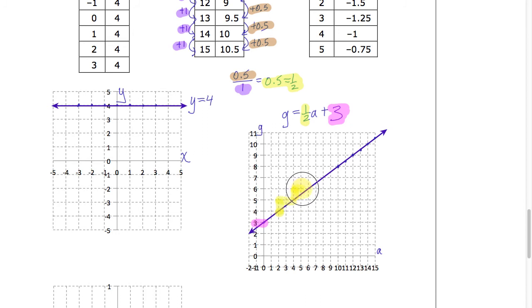Again, I go up 1 and right 2, up 1 and right 2, and that pattern can continue on, creating these little steps or slope triangles, which indicates how steep this line is. And they're really handy for finding other points on the graph too. So hopefully that helps to get you connected with the table, with the graph, and with the equation for the graph.